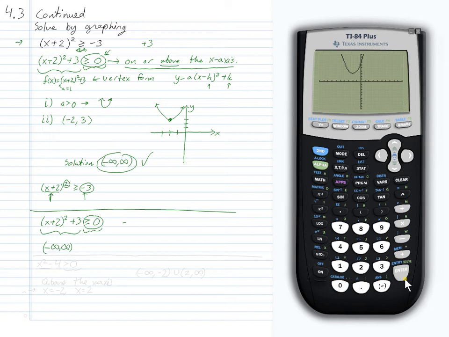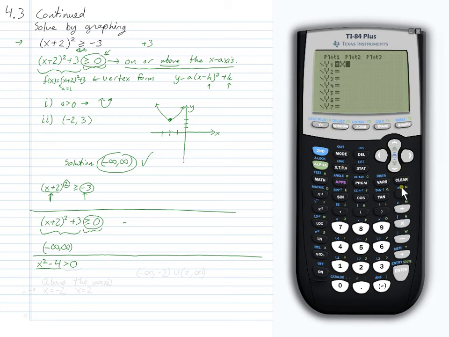Now for something else that we saw already, if we wanted to solve in the calculator, for example, that quadratic inequality x squared minus 4 is greater than 0. This is already in standard form, so I can go ahead and graph x squared minus 4.